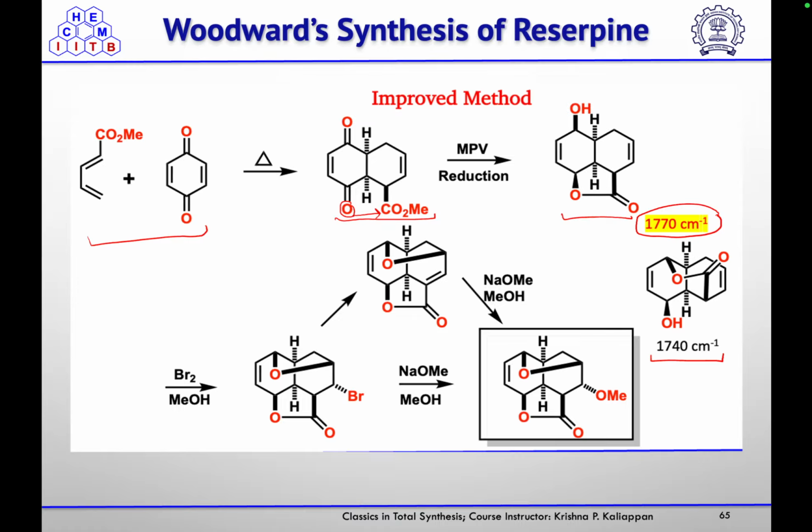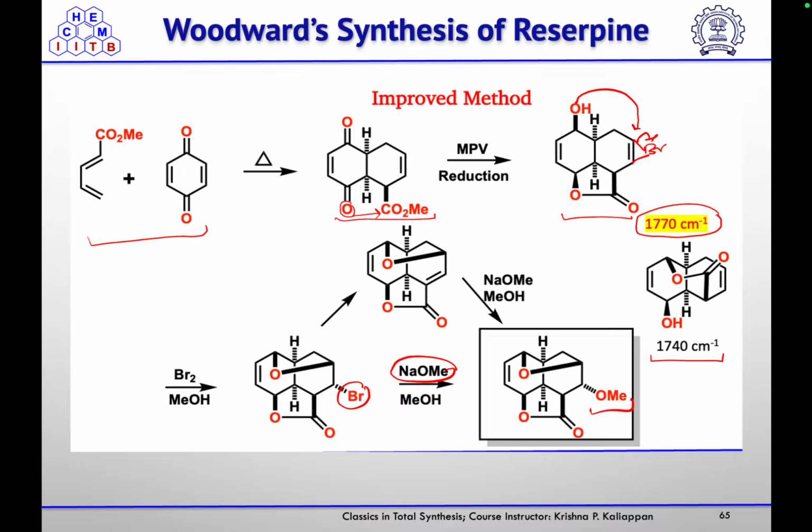Then on treatment with bromine in the presence of methanol, they did bromination, and then the bromonium ion will form from the convex face, and then that alcohol will react with the bromonium ion, and sodium methoxide will substitute that bromide to get the corresponding methoxide product.